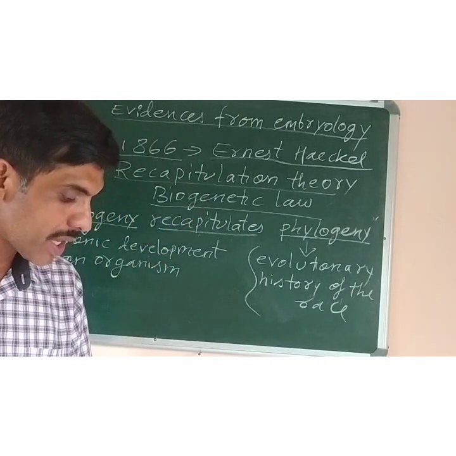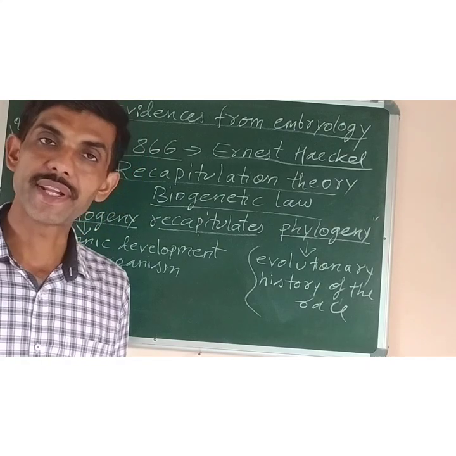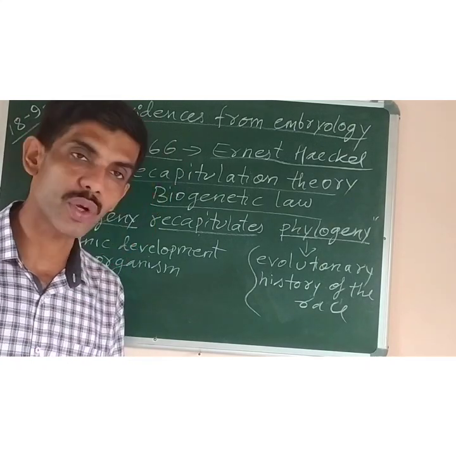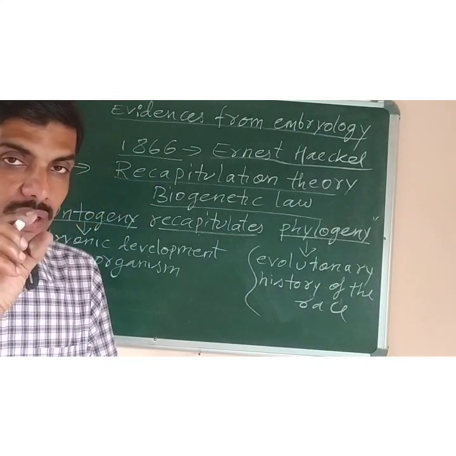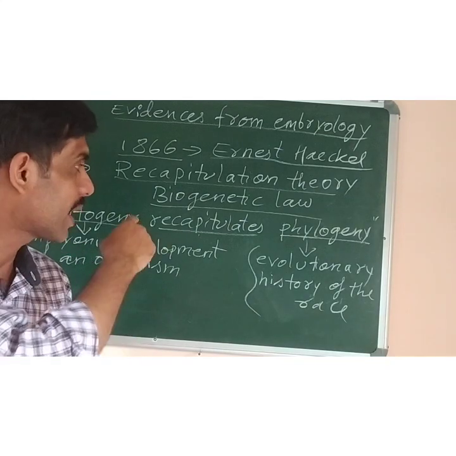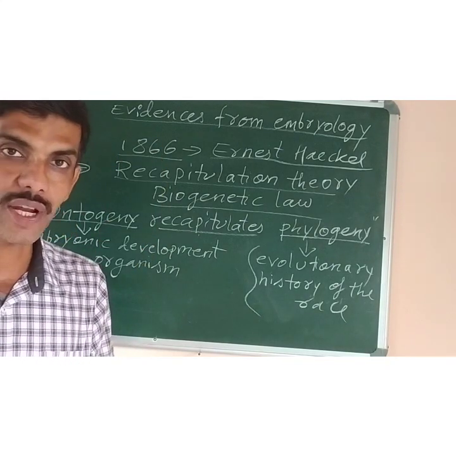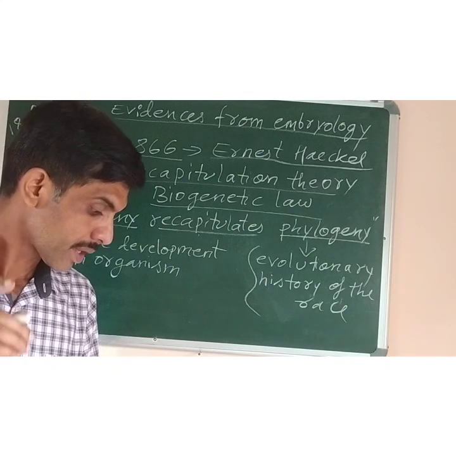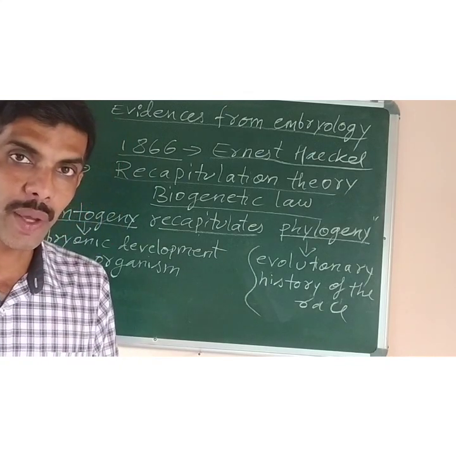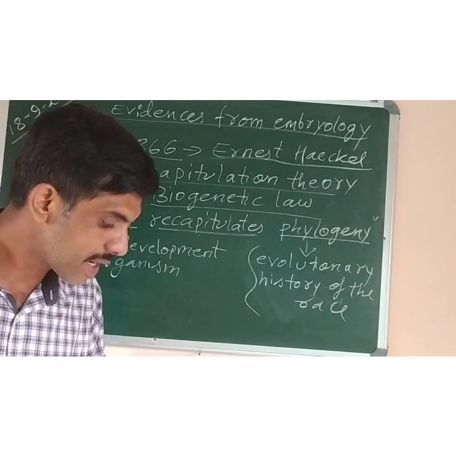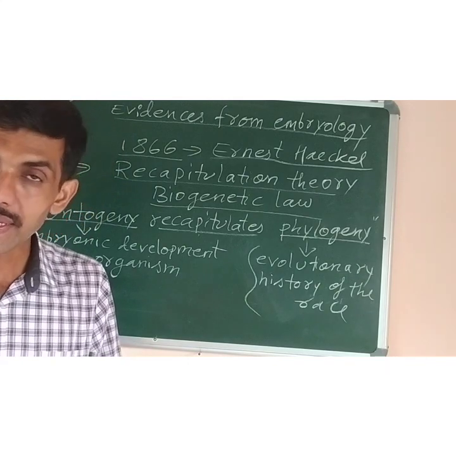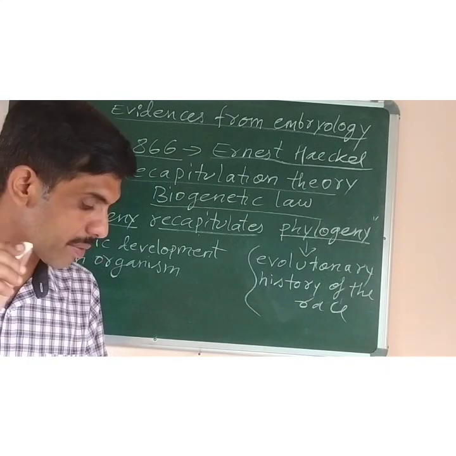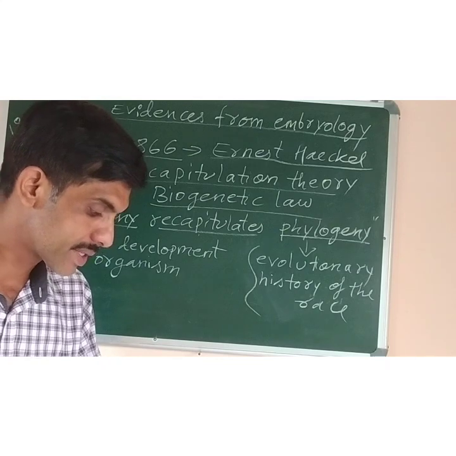So recapitulation of ancestral form during development occurs in plants also. One example in plants, where ontogeny recapitulates phylogeny, is the protonema. What is protonema? It is the name of an early stage of development of the gametophyte, and this is common in plants like mosses and ferns.